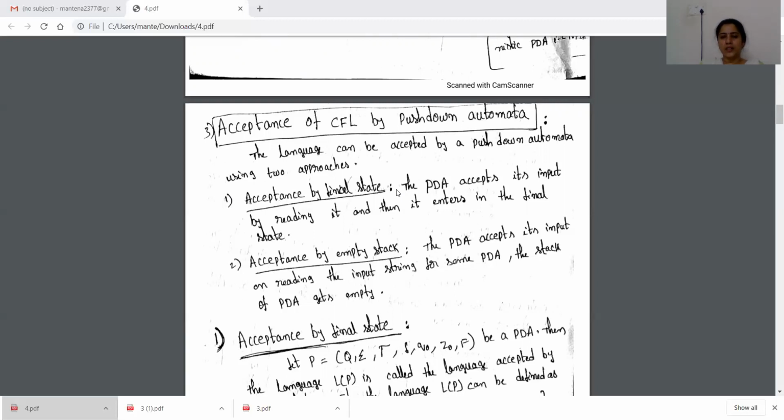So by reading the string, if we can go to the final state, then we say that string is accepted. In PDA, if you go to the final state after reading the string, then we say that string is accepted. And another one is, after reading the string, if the stack is empty, then also we say that the string is accepted by the pushdown automata.